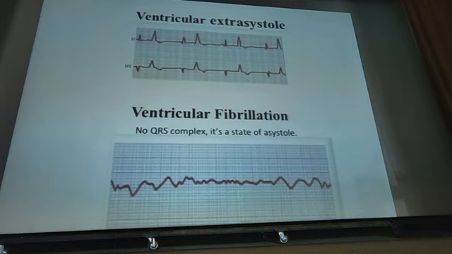In the ventricle there are several ectopic foci and several impulses from different regions of the heart. The waves will be bizarre shaped.